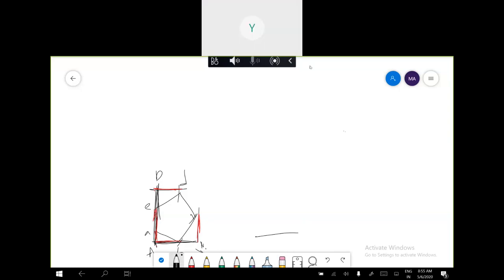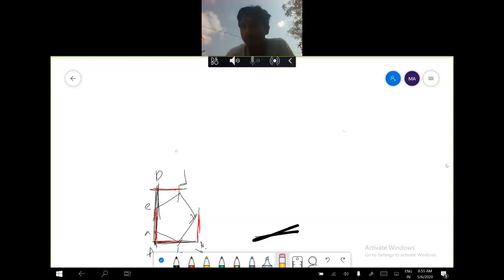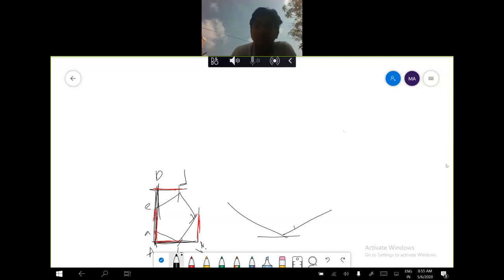So first I will take the hexagon. Take 30, 30, 30 degrees this side, 30 degrees this side. I will consider, I will measure A, B, C, D and cut here. A, B, cut here.